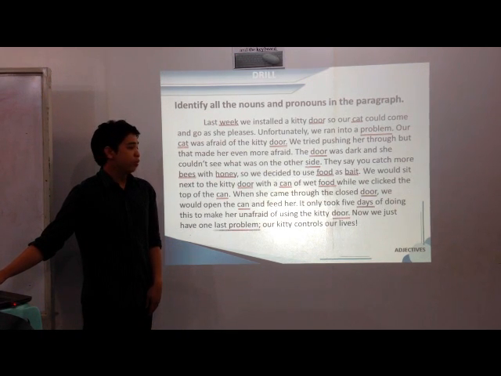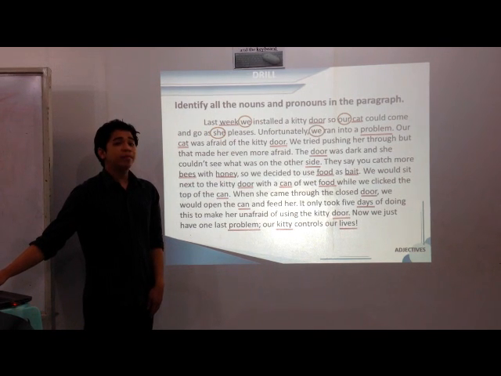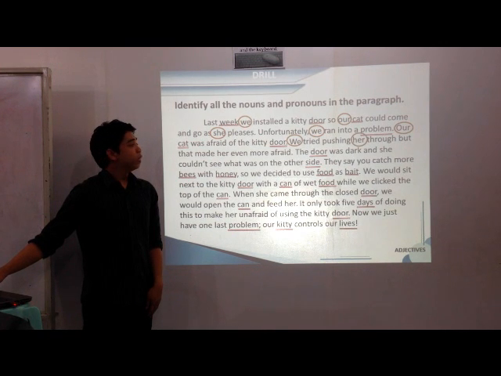Now what about the pronouns? The pronouns in this paragraph are the following: we, our, she, we again, and so on and so forth. The words which are encircled are what you call the pronouns.